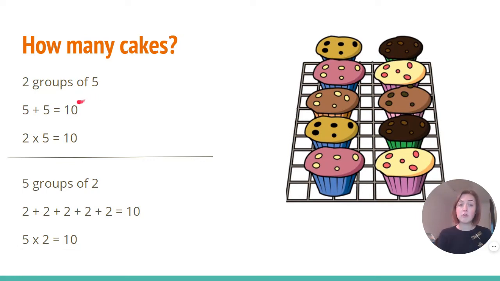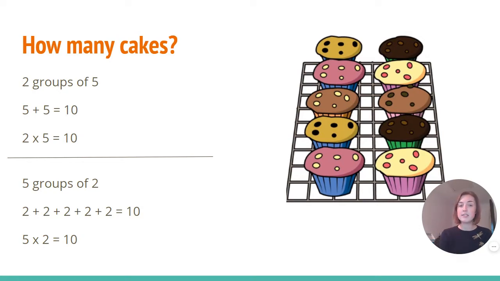And I know that I could write that as 5 add 5. 5 and 5 makes 10. I could also write that as a multiplication and say 2 multiplied by 5, 2 lots of 5 is 10, because I've got 1, 2 lots of 5.